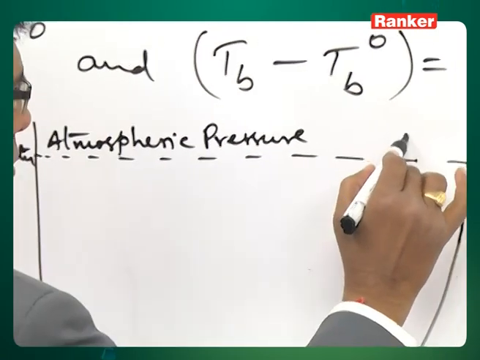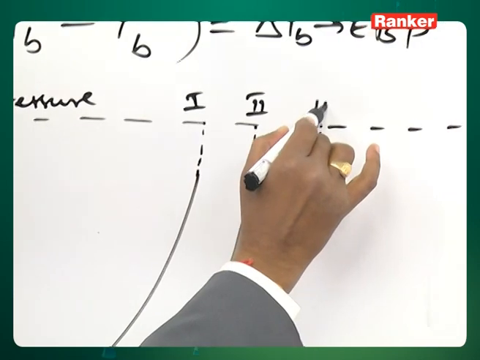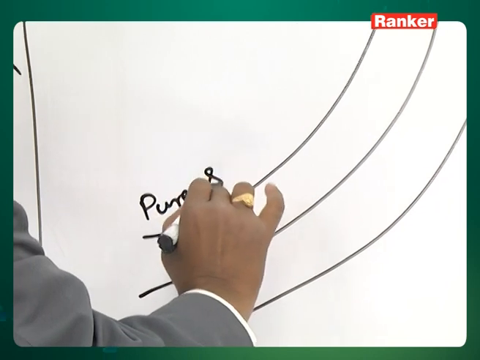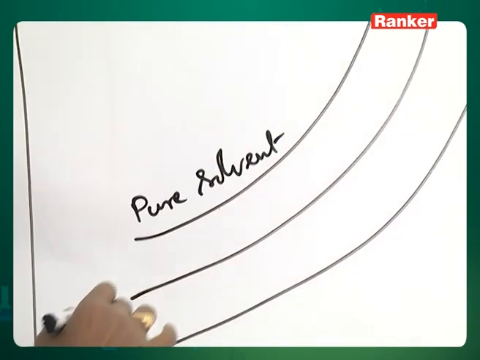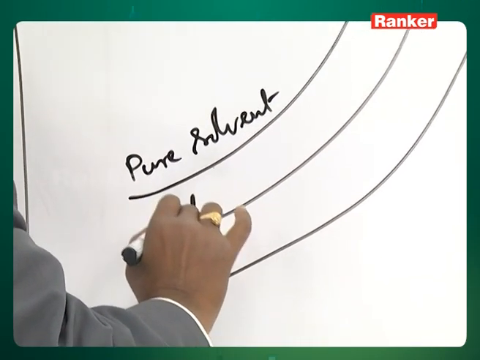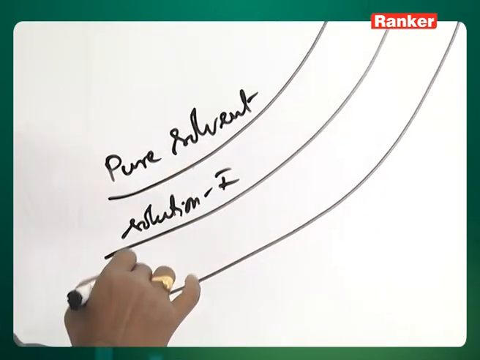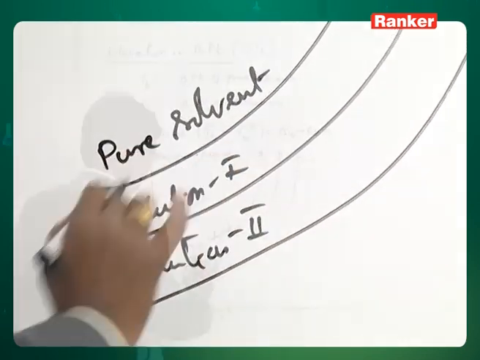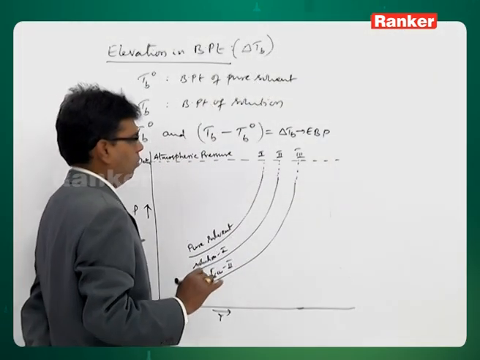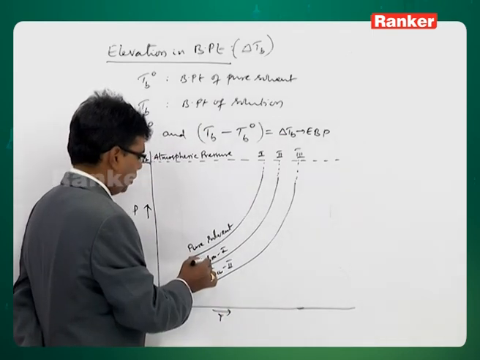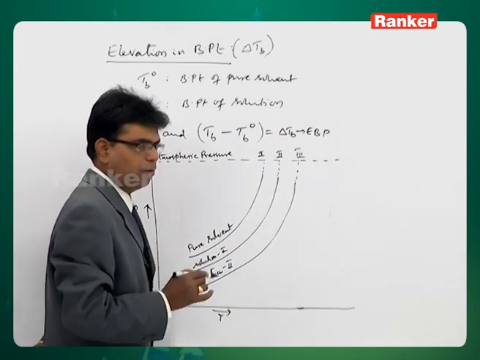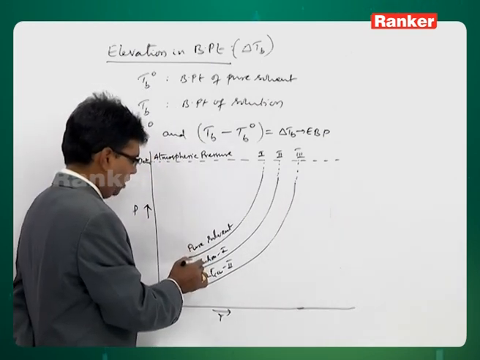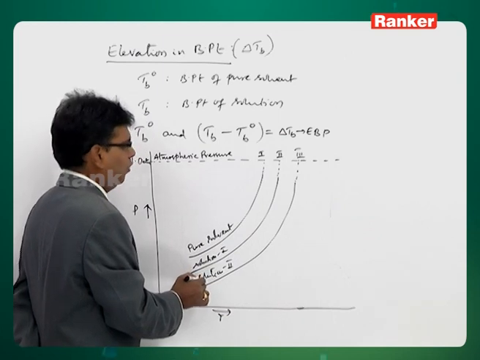This first curve is for pure solvent, second curve is for solution 1, solution 2, where the concentration of solute in solution 1 is less than the concentration of solute in solution 2. This is pure solvent, less concentrated solution, more concentrated solution.